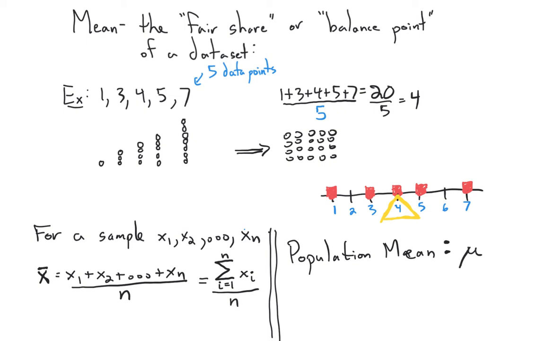It's kind of like a u with a longer front here. So that's the population mean. And most times we're not going to know this, or if we know it, it's because of some mathematical reason. Usually we're going to calculate means of samples and use that as predictions or estimates for the population mean. Let's move on and talk about the next measure of center.